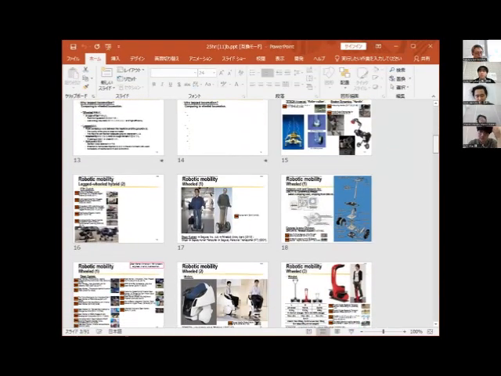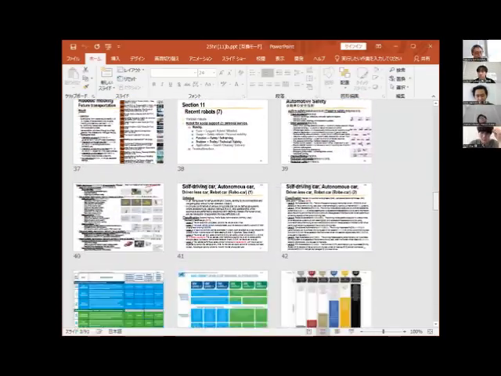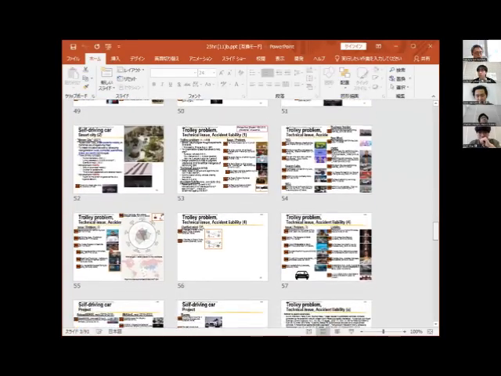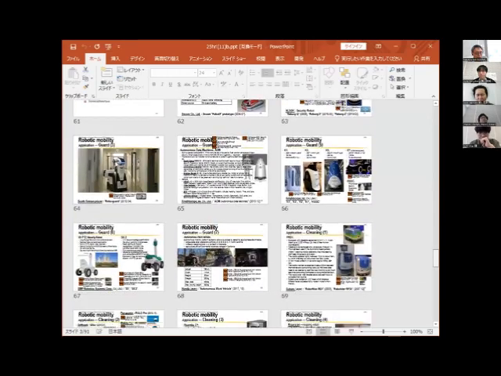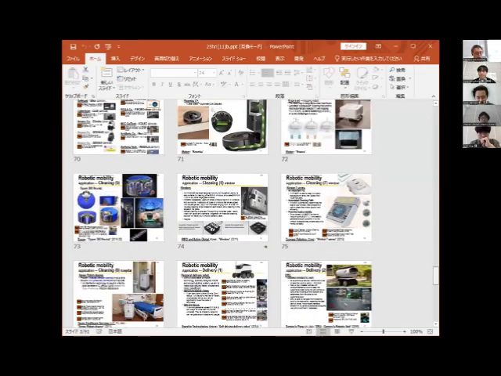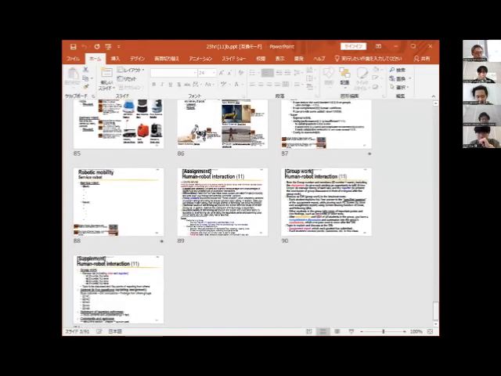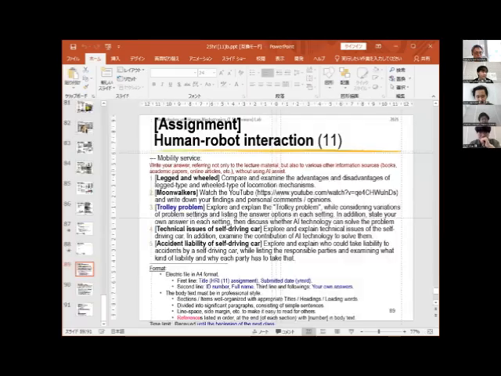Many materials have been given on the autonomous levels, the self-driving car testing city, and various applications, not only cleaning robots but also delivery service robots and so on.